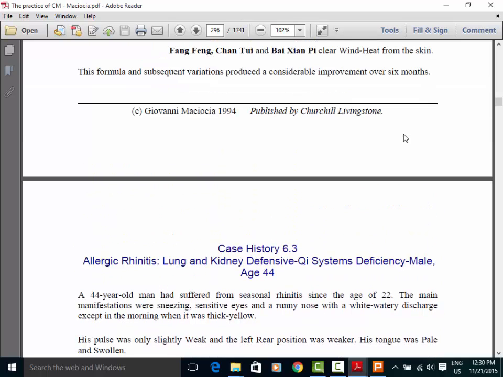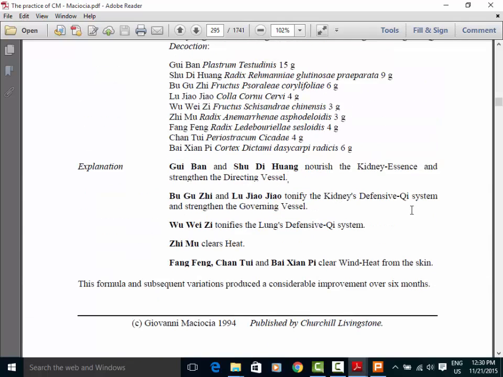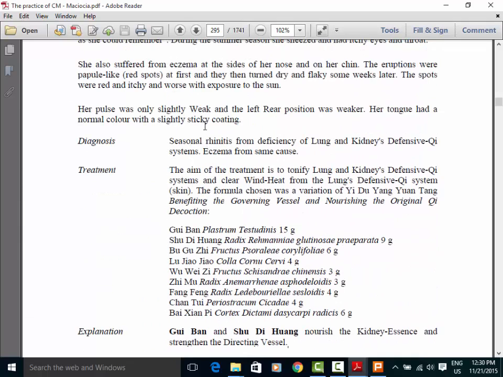Okay, next case. So what would you put in the treatment principle? Treatment principle is what I just went through. Oh, okay. Treatment principle for him, you see the way that he writes it. Diagnosis is this, right?